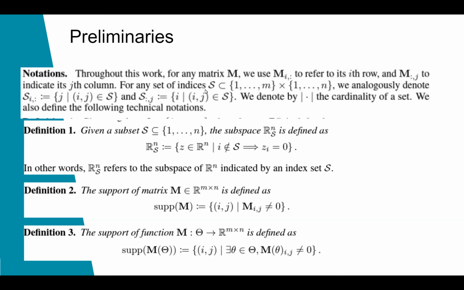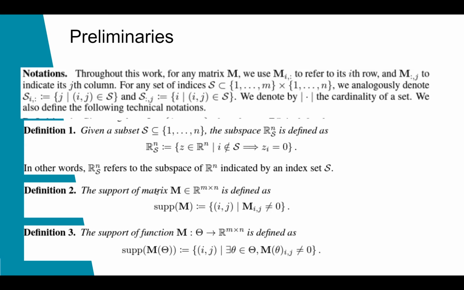For a set, if it is m by n, the columns and rows are the same, and this represents the number of elements in the set. These three definitions should be very important.